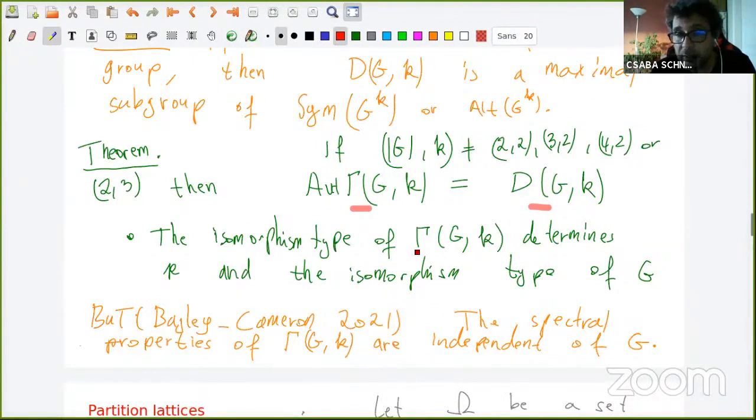So this is interesting, that if you take finite groups, you can get graphs with very similar properties, but they are not isomorphic.